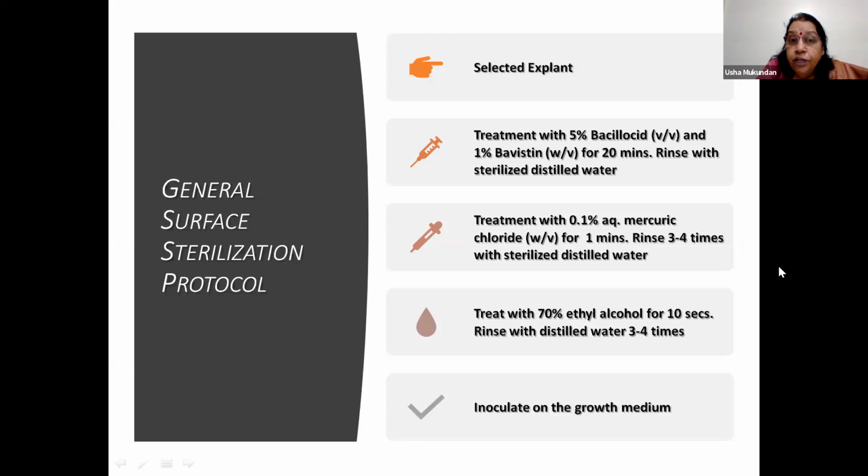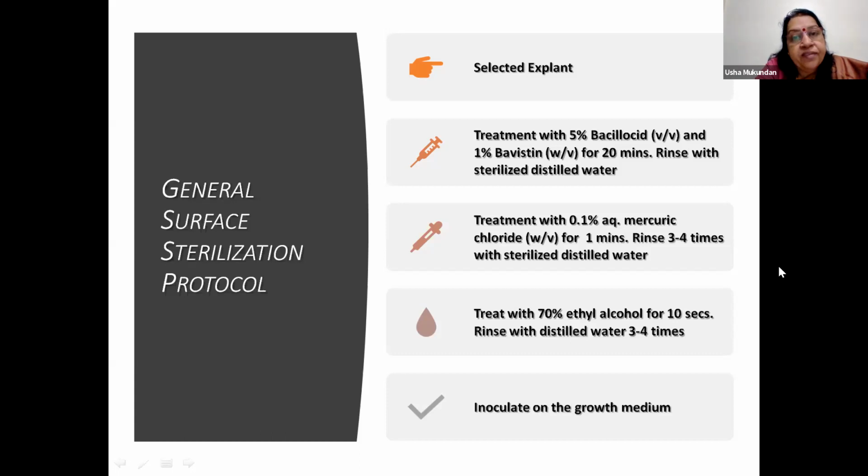After that, you take one more step for precaution. You treat the explant material for a very, very short duration, only 10 seconds, with 70% ethyl alcohol. Remember, whether it is the instruments used in tissue culture, like your forceps and scalpel, you dip them in 70% ethanol, never in absolute.